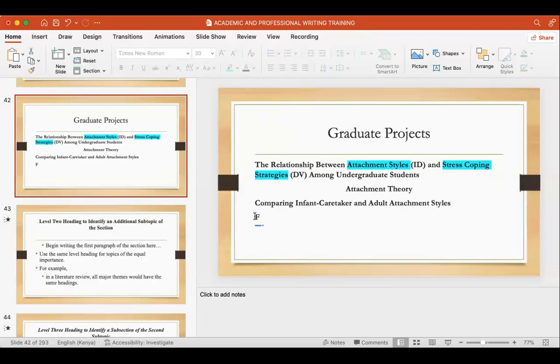They should all be level 2 heading. So you cannot talk about the first attachment style as level 2 head, and then the other one becomes something else. No. All of them, because they are identified as attachment styles, all those styles must be the same level.